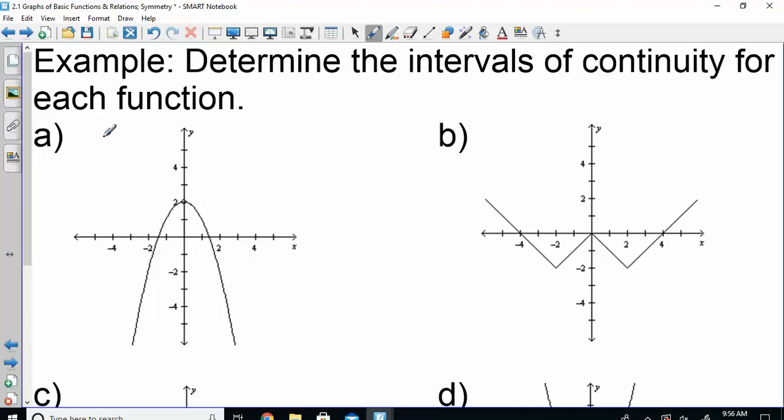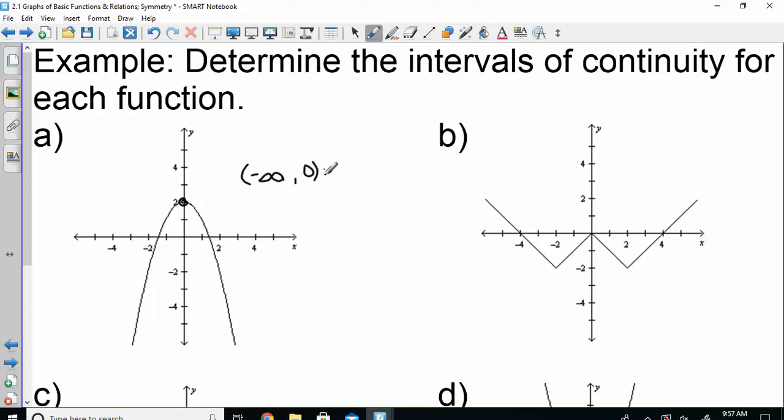So can you first just tell me where this graph is not continuous? Yeah, right there where I have my open circle. There's a break in my graph. So where it is continuous is everywhere but that point. We give an interval using x. So it's coming from negative infinity if you go left to right. And it stops being continuous right here, and that's when x is 0.